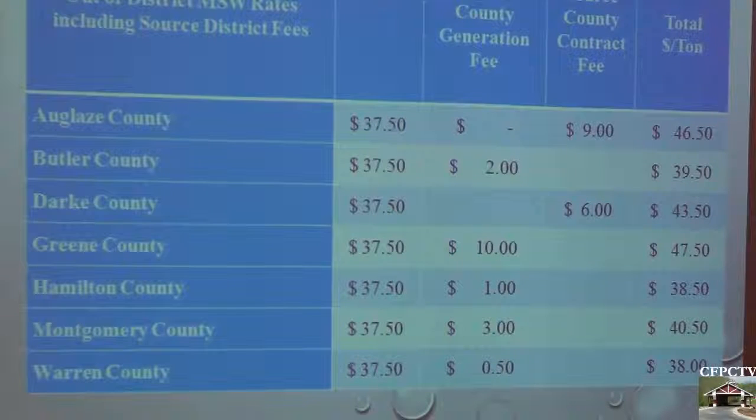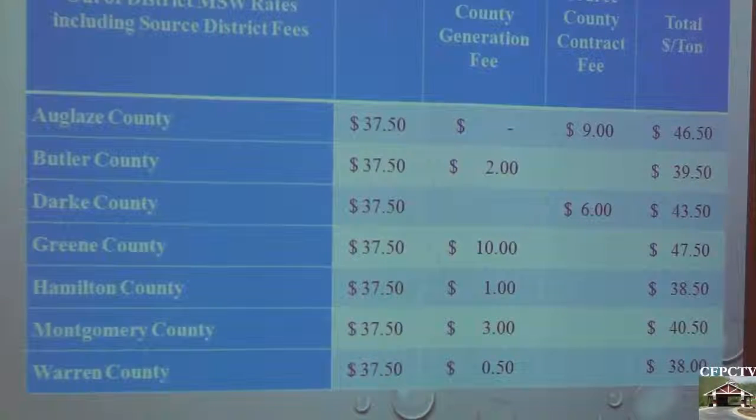My understanding is the western portion of Montgomery County, the southern half of Darke County, and the northern half of Butler County are a lot closer to us than any of their other sources. If we are at the same price or slightly cheaper, they'll be encouraged to come.